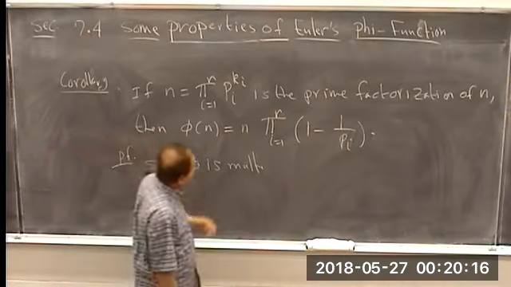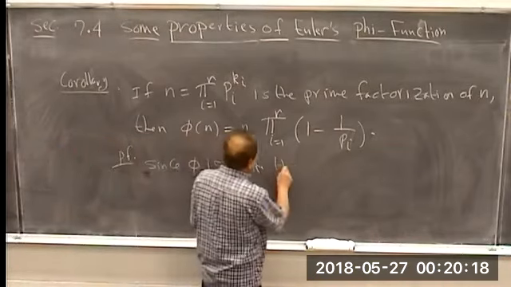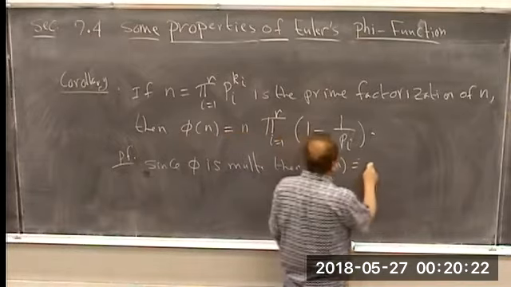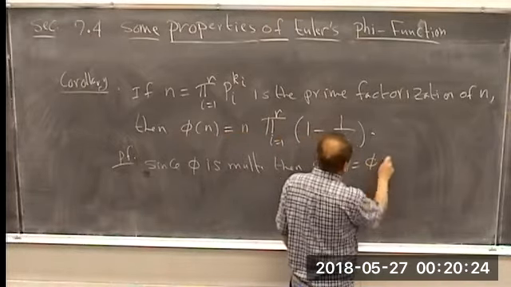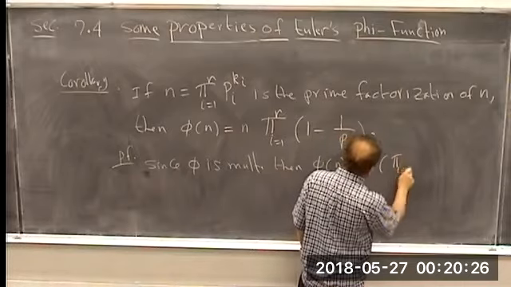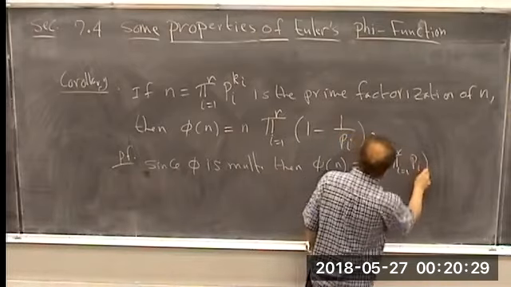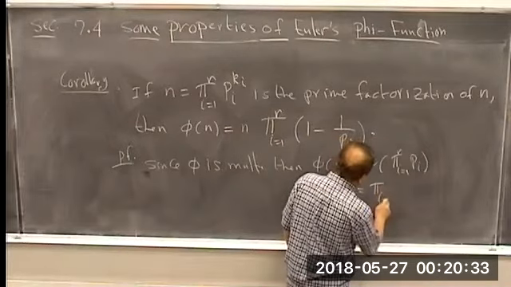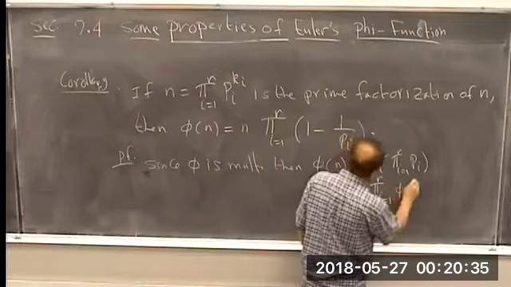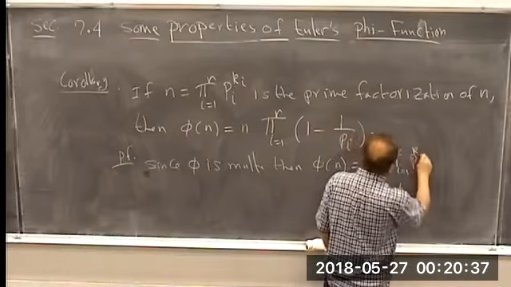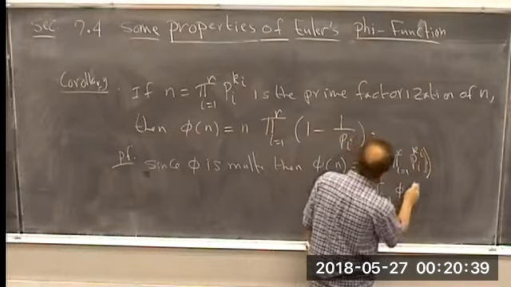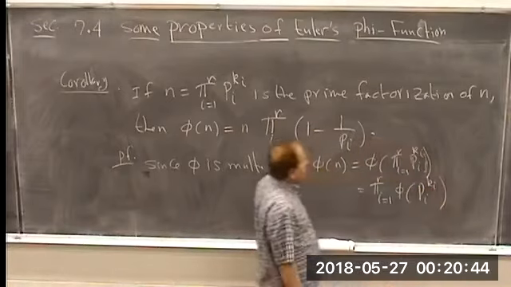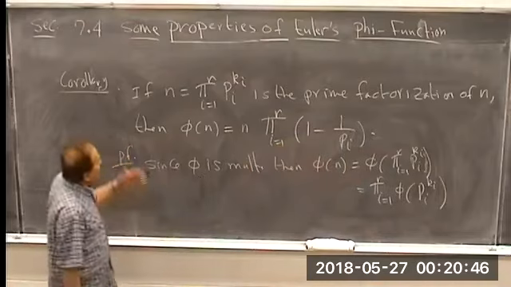Since phi is multiplicative, then we have phi of n, which is going to be phi of this product, and then we can take the product out and look at the case of i.